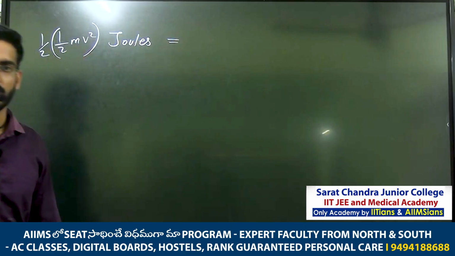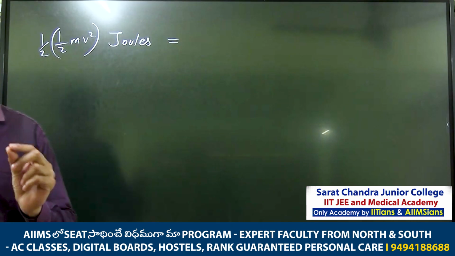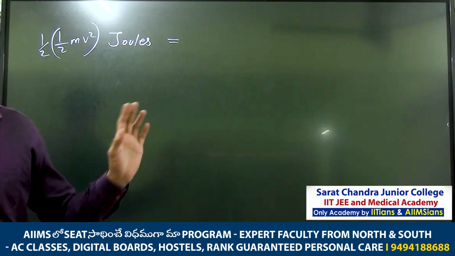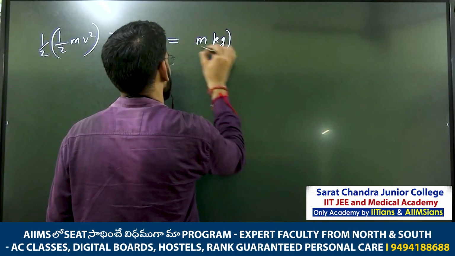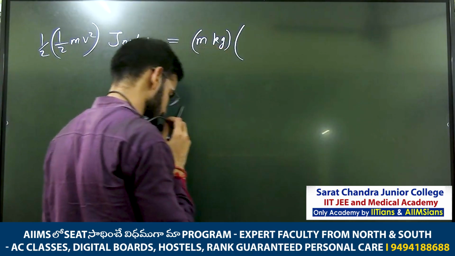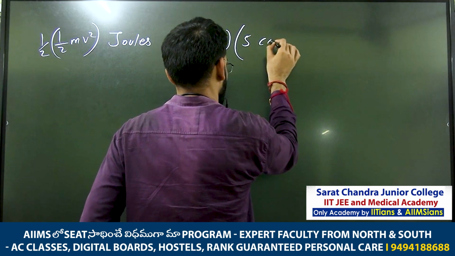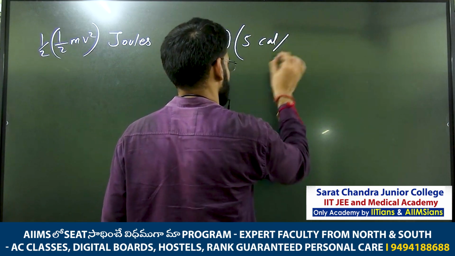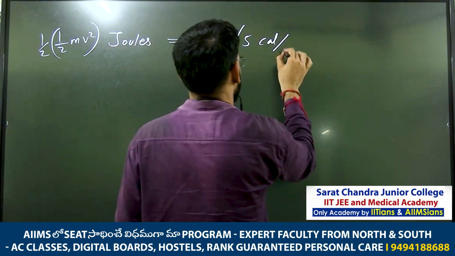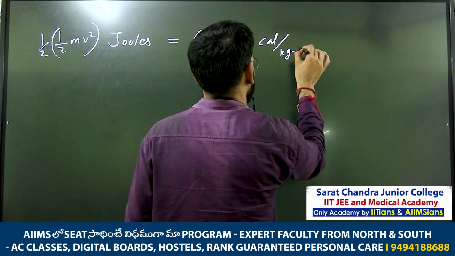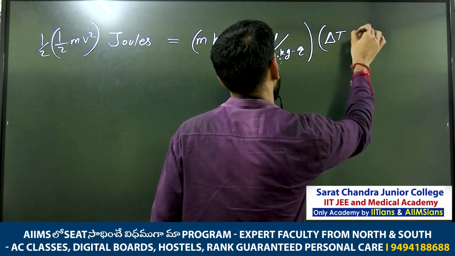This equals ms delta T. Mass is in kg, which will get cancelled out, but still write it down. The specific heat unit, calorie per kg degree centigrade, into delta T. Delta T is also in degree centigrade.